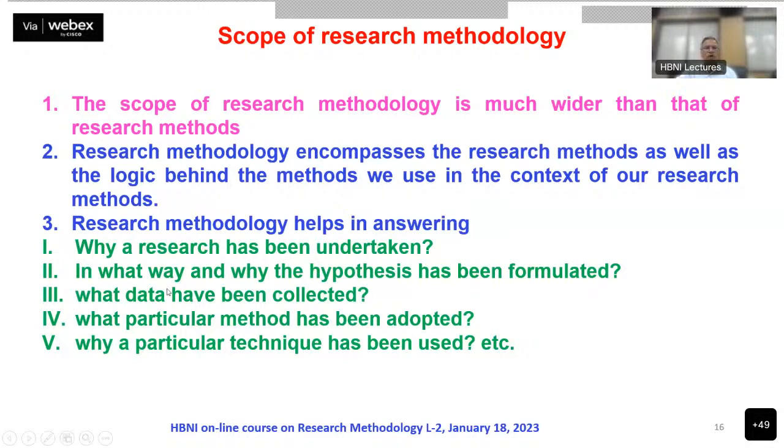In what way and why has the hypothesis been formulated, if it is hypothesis-driven research? What data have been collected, what particular method has been adopted, and why has a particular technique been used? If you are very clear about these things in your mind, then whatever research you do, you will have some meaningful outcome.